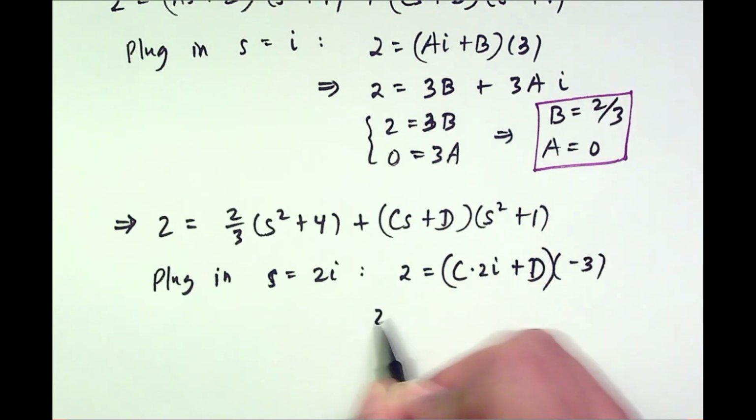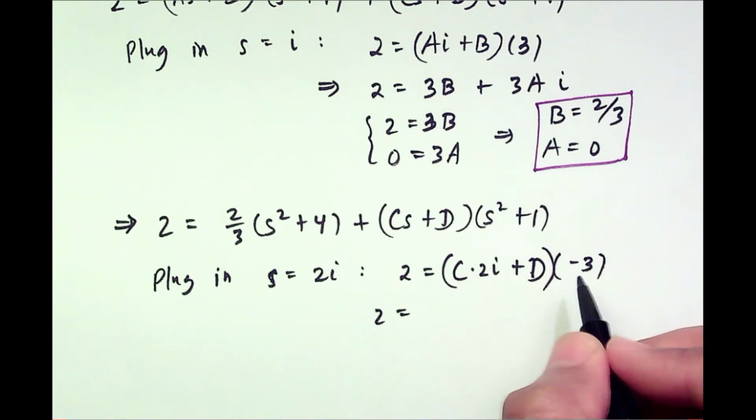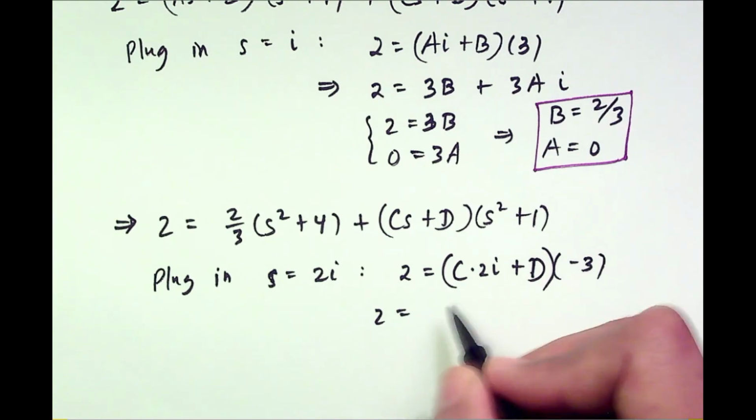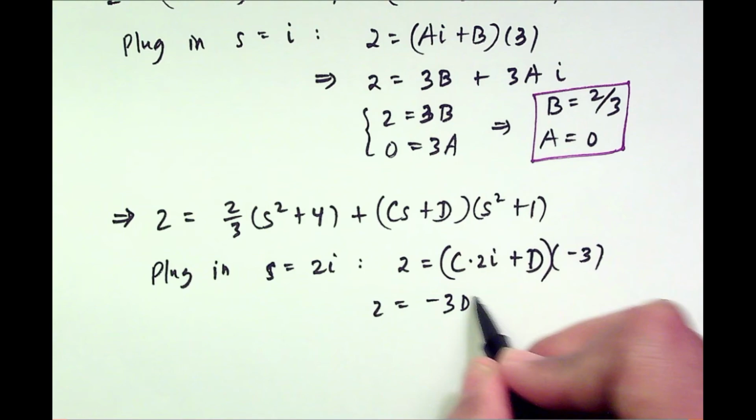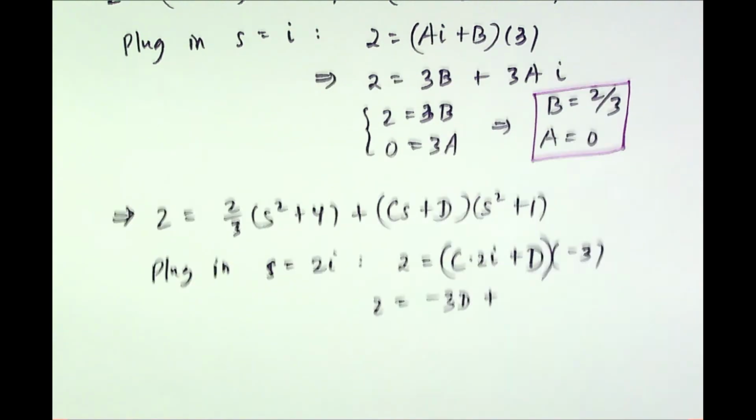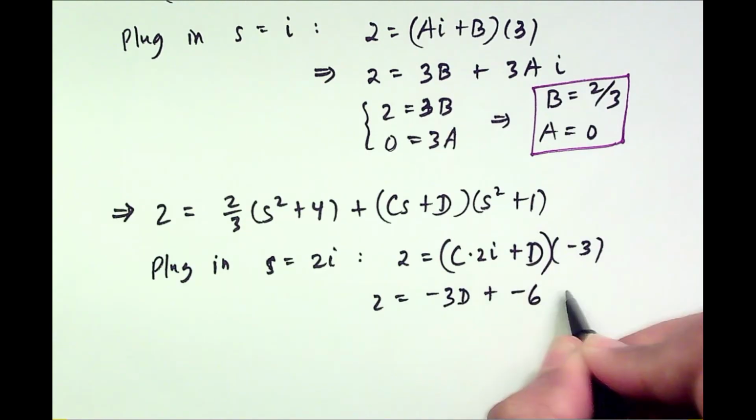Now this is distributing the negative 3 and putting it first with d, because that's the real part, and the part that has the imaginary i is going to be negative 6ci.